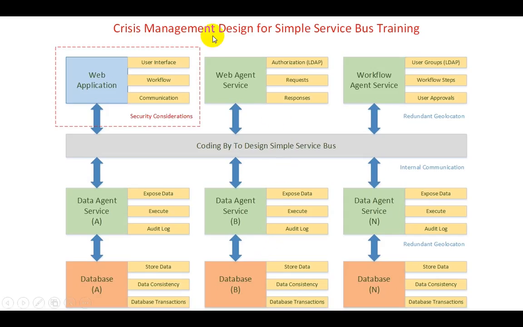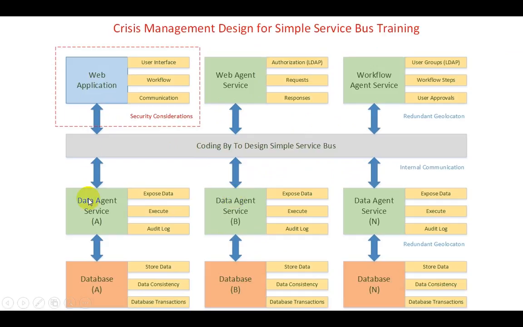Here you have the crisis management design for the Simple Service Bus training solution. The central point and element is, according to the design, Simple Service Bus, but there is no central point at all.